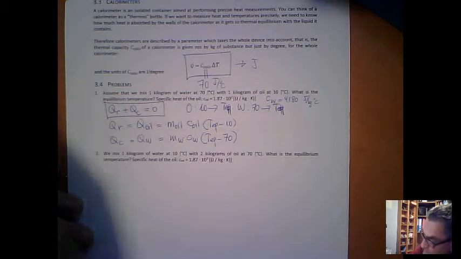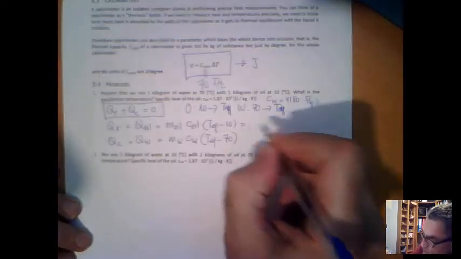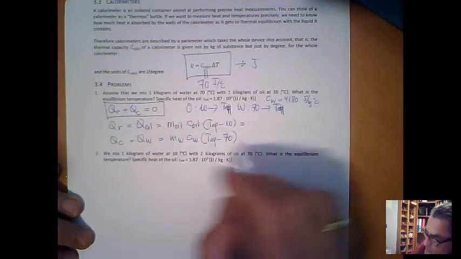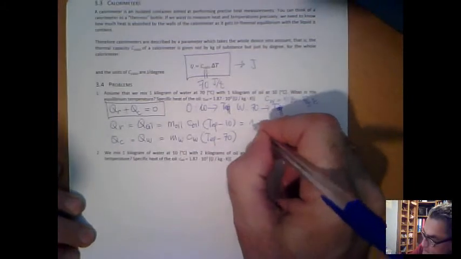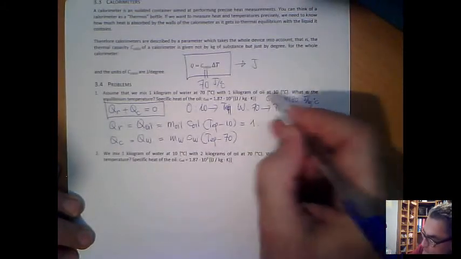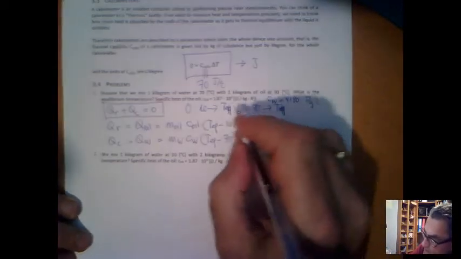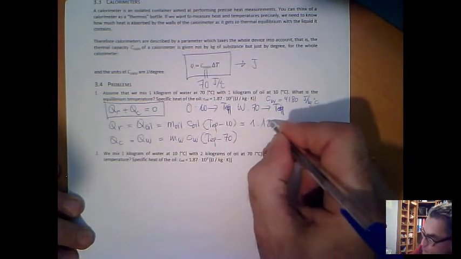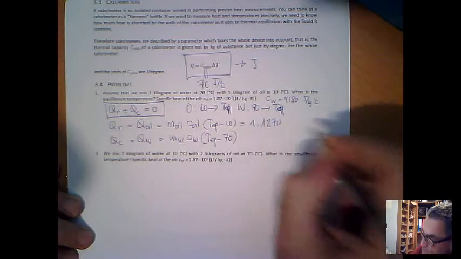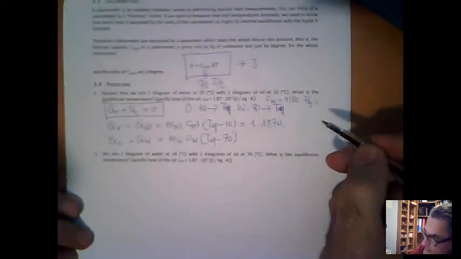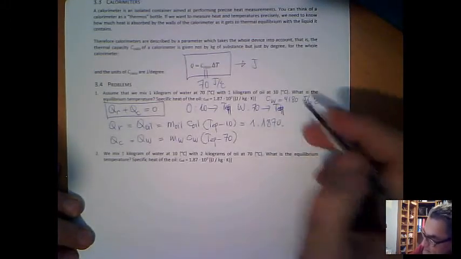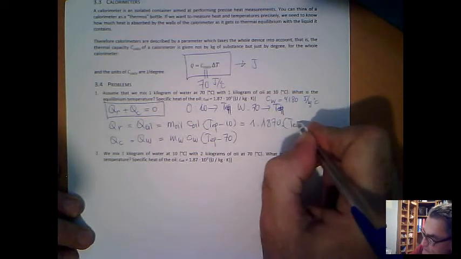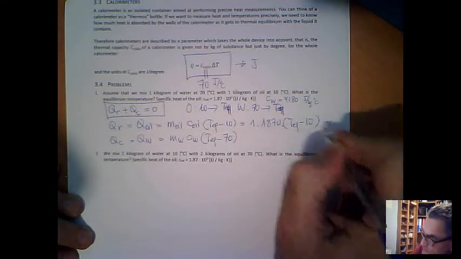So now let's write all this. The mass of the oil is 1 kilogram. The C of the oil is given here, 1870. And then we have T equilibrium minus 10.